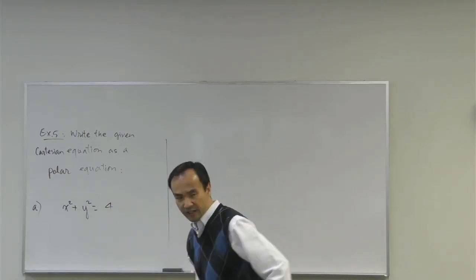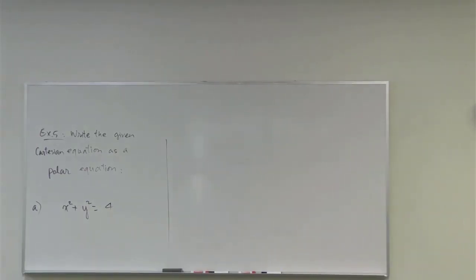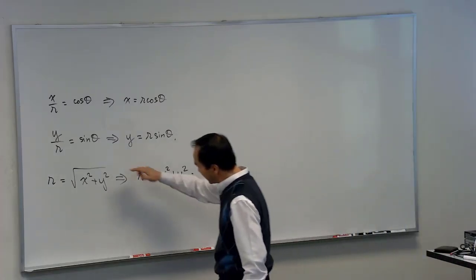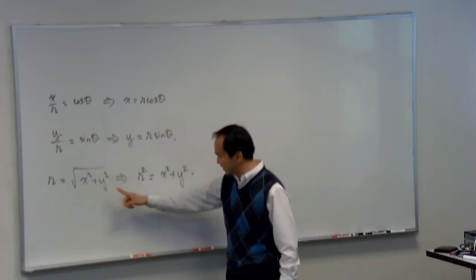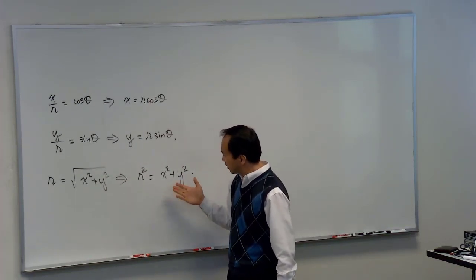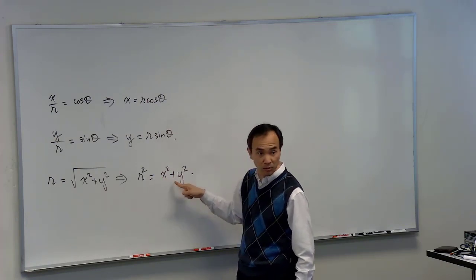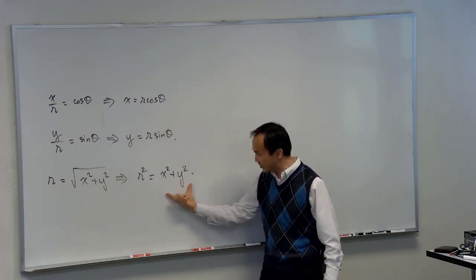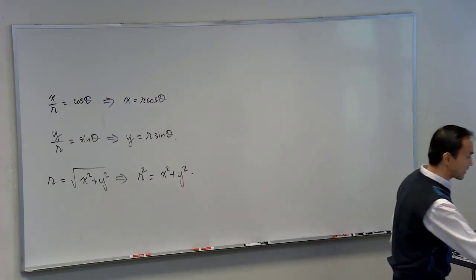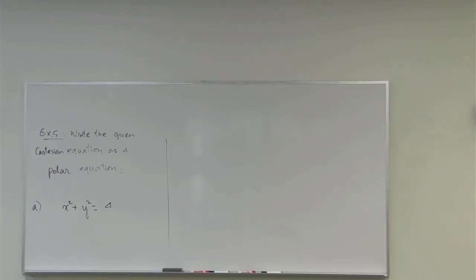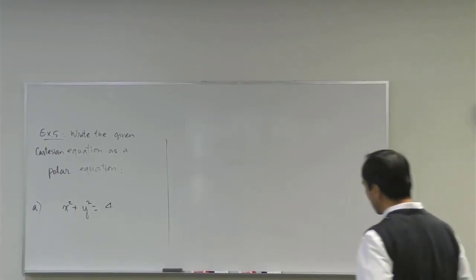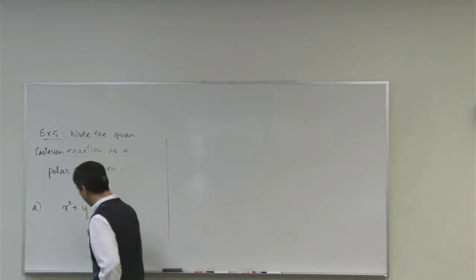So what do we recognize here? x squared plus y squared. In our understanding of the relationships from Cartesian to polar coordinates, r squared equals x squared plus y squared. Right? We can take that relationship right here. So I'm going to substitute that into our equation. I'm going to take that x squared plus y squared and substitute it for r squared.